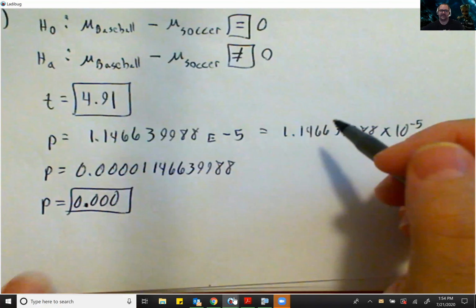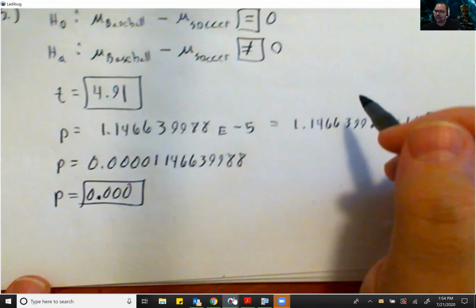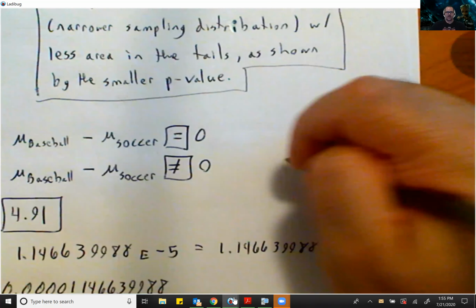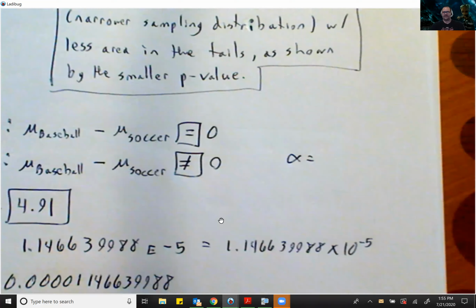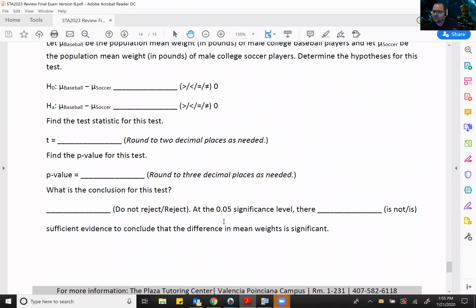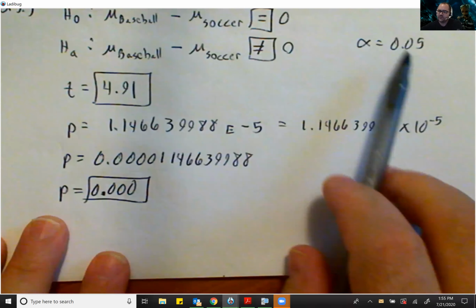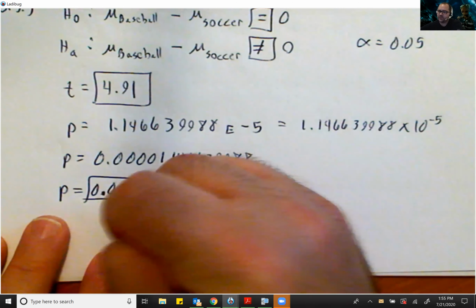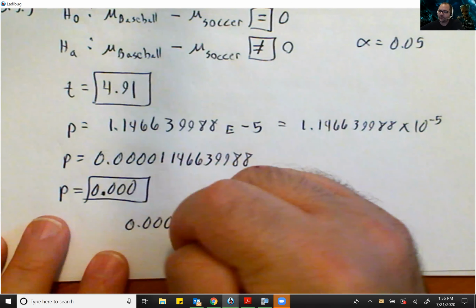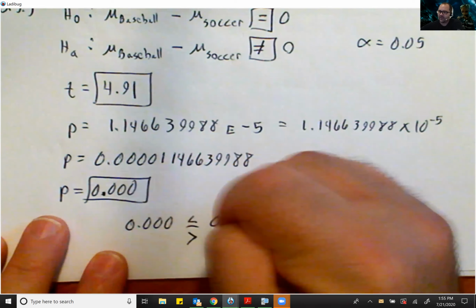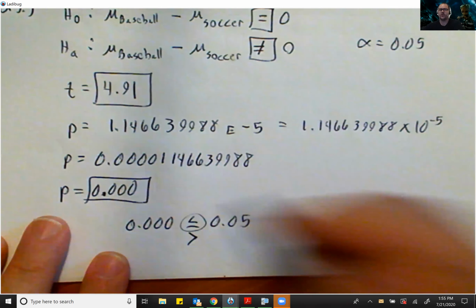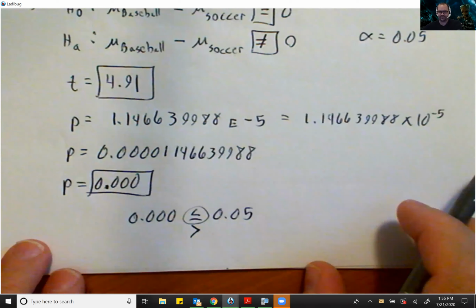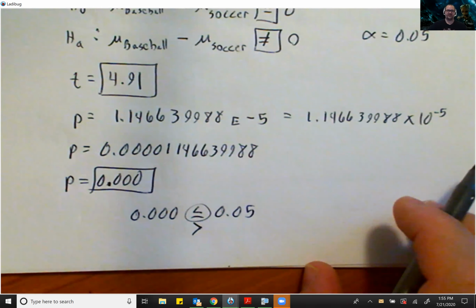All right, so with that being said, they told us our alpha is, I believe, a significance level of 0.05. So our question is, since alpha is 0.05, is 0.000 less than or equal to or greater than 0.05? And hopefully you chose the less than, which means we're going to reject the null hypothesis. Excuse me. Reject the null.